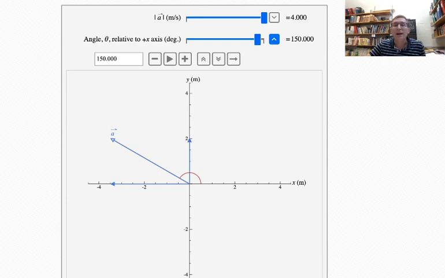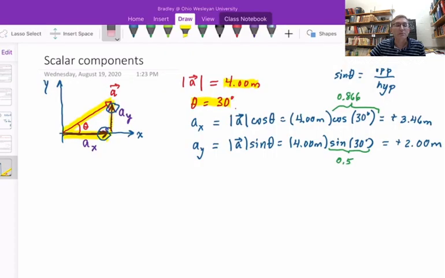All right, back to the screen here. All right, let me draw an XY coordinate system right here. I'm going to draw it a little bit different, like that.